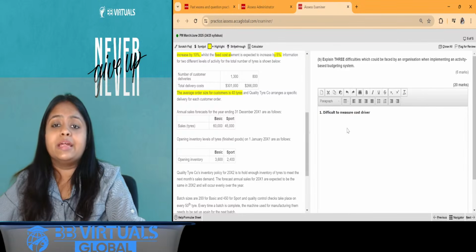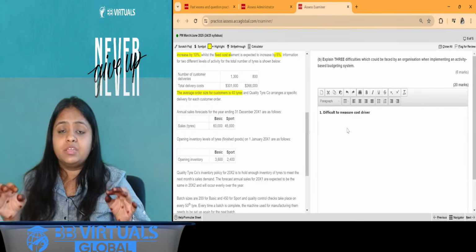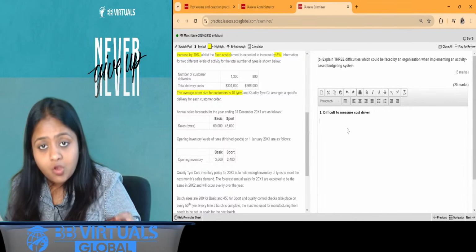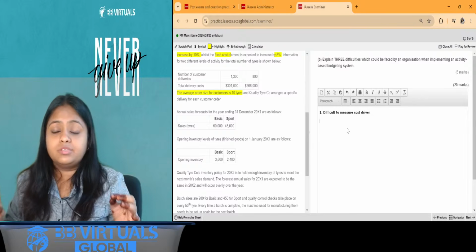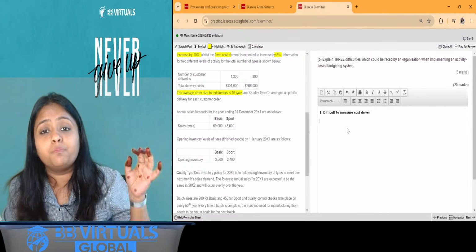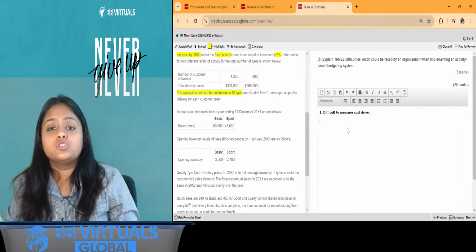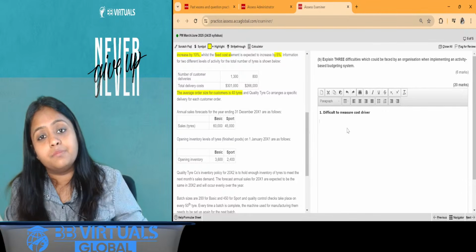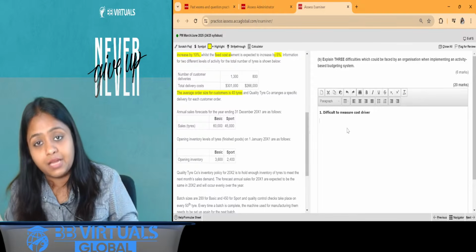And then I will write theory about it, that by default the activity based budgeting and activity based costing have a very subjective basis to measure cost driver. So it is an inherent difficulty that comes in, by default difficulty that comes in.